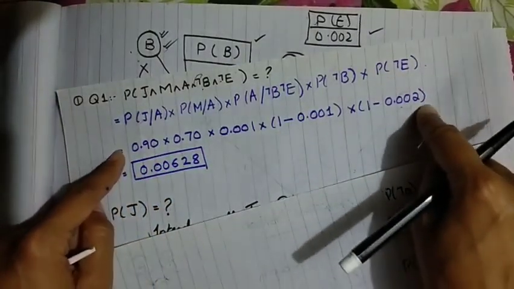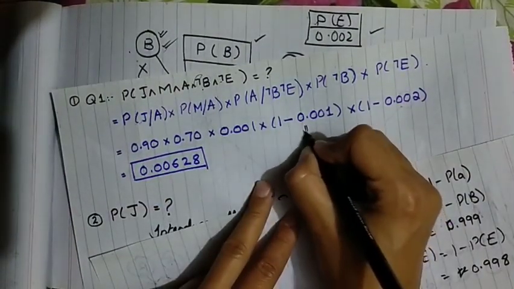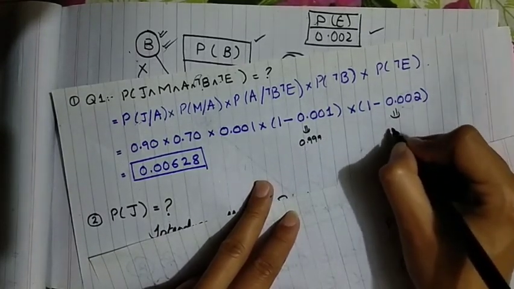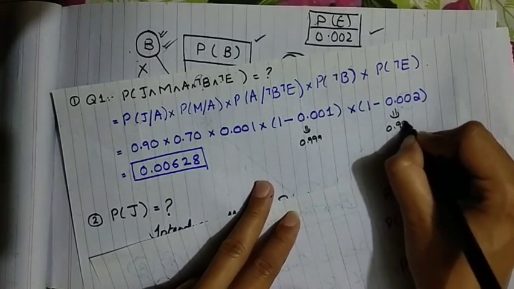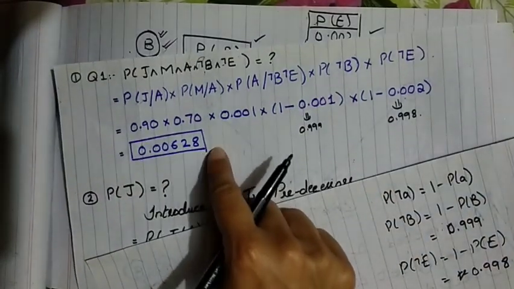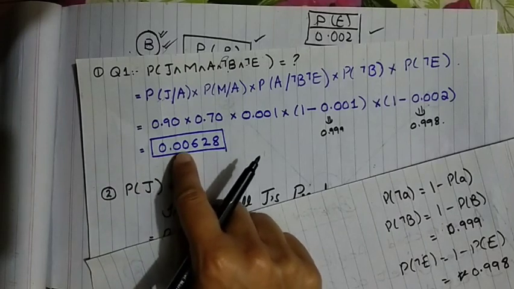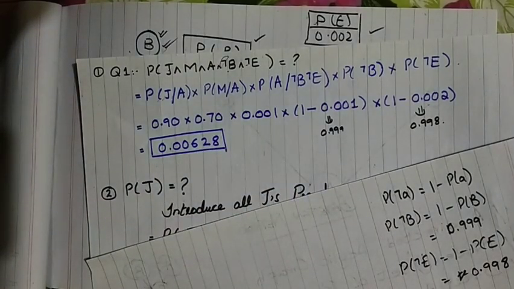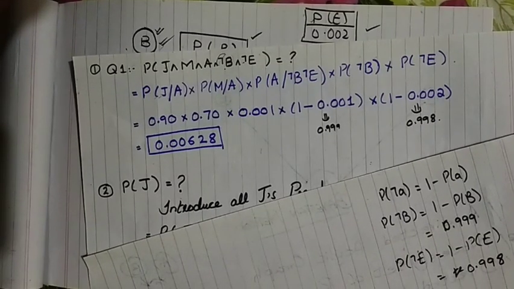So if I put all of these values within this formula, जो कि मैं आपको बता चुकी हूँ, that is 0.999, and for this it's 0.998. So that will give us the probability of 0.00628. Okay, so we are done with this. अब हम ये देखते हैं कि how we will actually find out the probability. I hope you are done with this joint distribution factor.